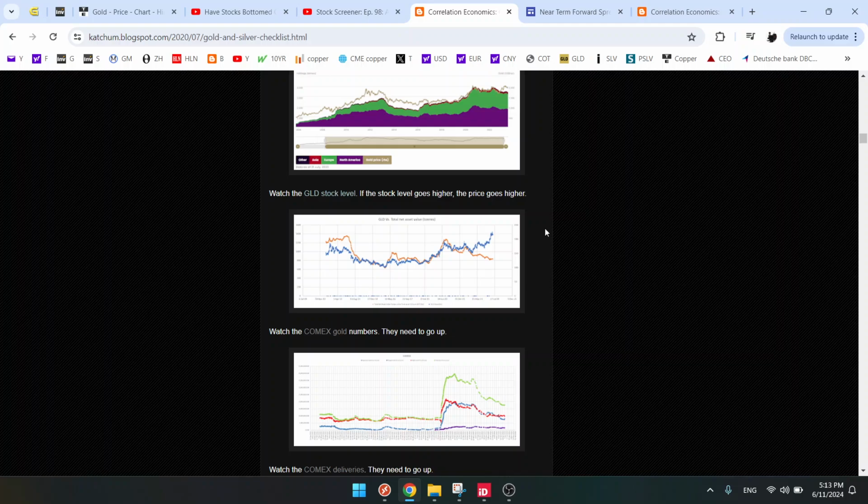And then you can actually get into more detail. So we know that gold will go up because we are in a period of scarcity, but we don't know yet how fast gold will go up.